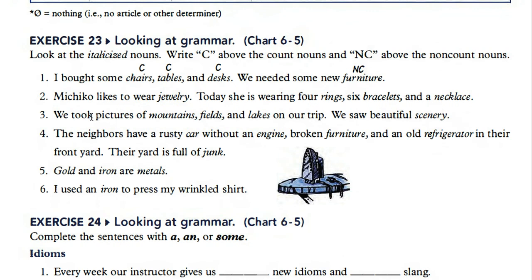If you want to move to number 4, we have: the neighbors have a rusty car without an engine, a broken furniture. Car here is countable, and an engine means one engine, which is countable. Broken furniture is uncountable.